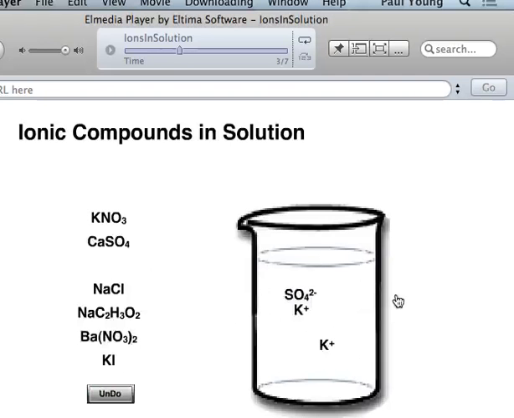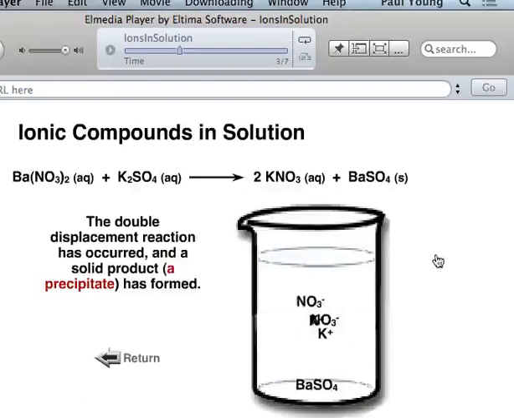But what if I put them in together? Insoluble barium sulfate falls out, and I'm left with 2 moles of potassium nitrate. That's why no chemistry happens unless you get a precipitate or a gas. Any questions?